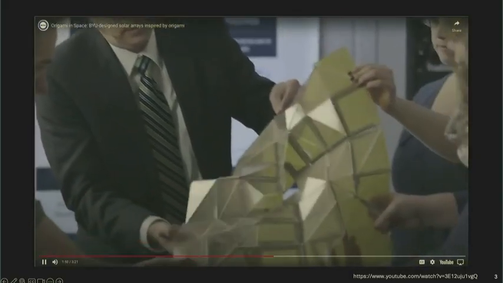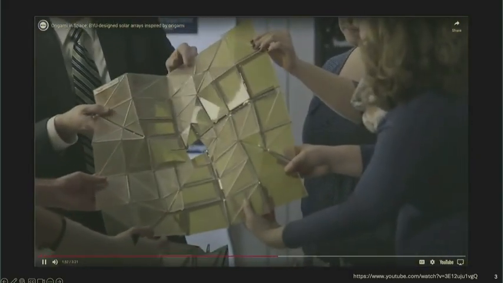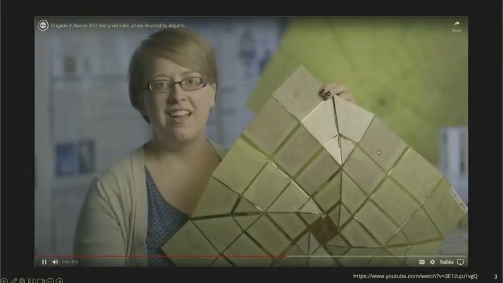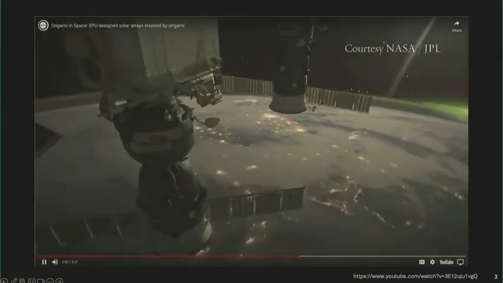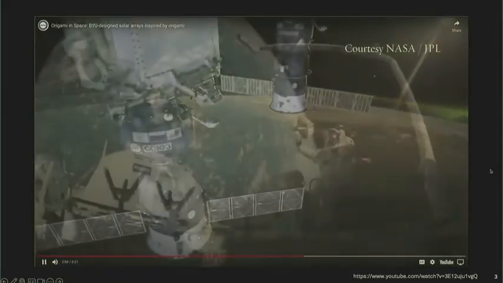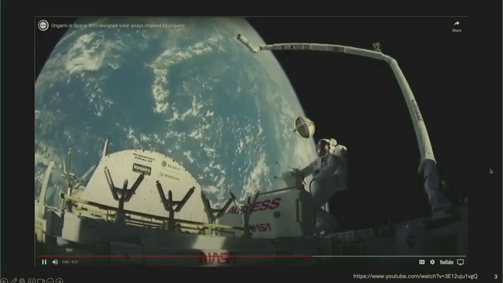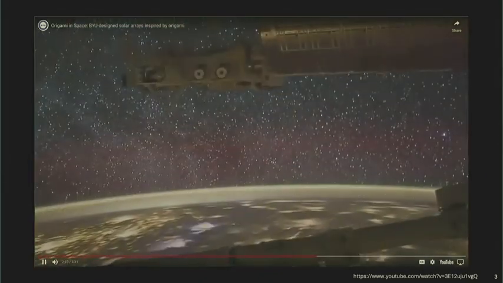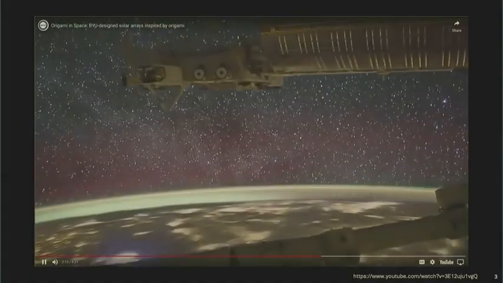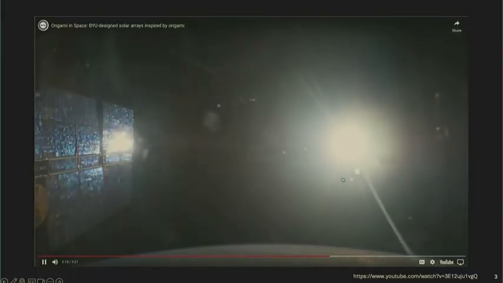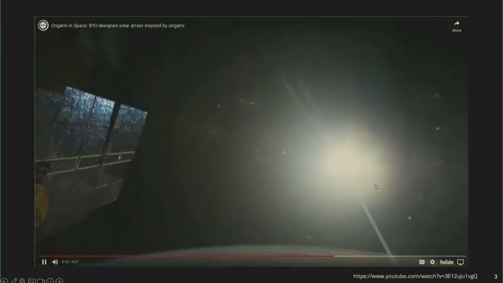CubeSats are kind of the new novel way of getting things into space quickly because they're small, they don't cost a lot, and you can throw them on with any rocket that's going into space. In addition to working with people like the National Science Foundation, we have projects with NASA Marshall Space Flight Center in Alabama, and also with JPL. These are the same people that do the Mars rover and other things. We are doing origami inspired mechanisms, the expanding solar array.